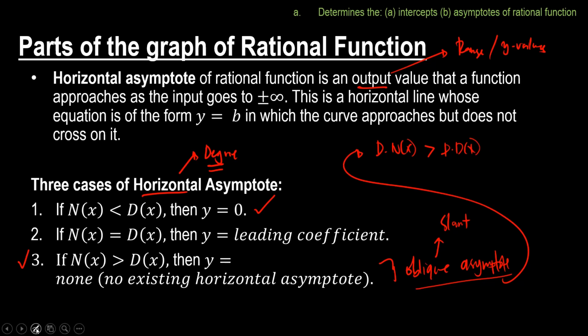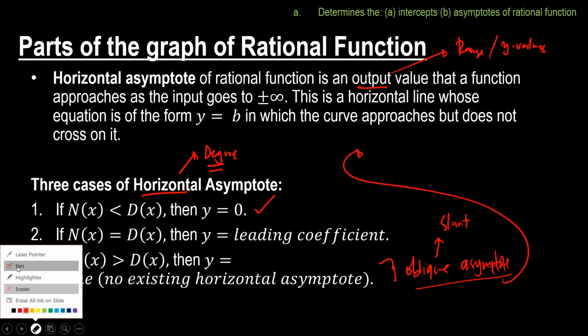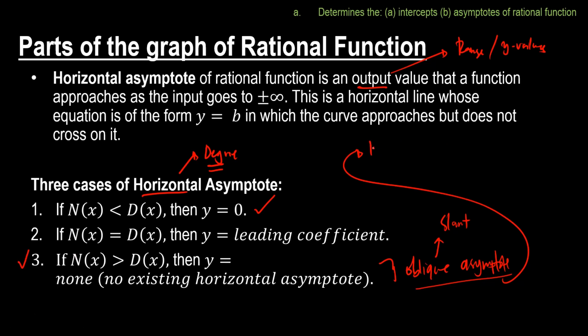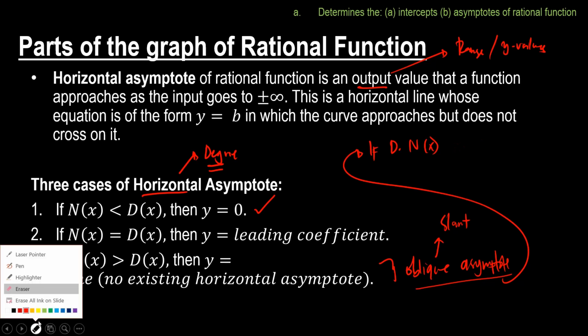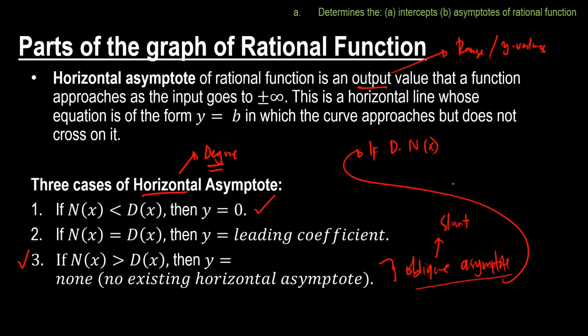Okay, let me paraphrase, class. Magkakaroon lang tayo ng oblique asymptote if the degree of the numerator is more than 1 than the degree of the denominator.